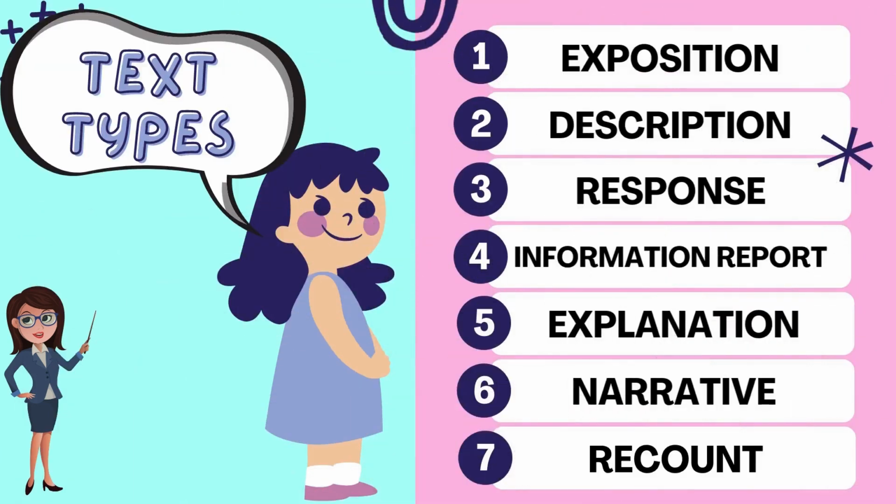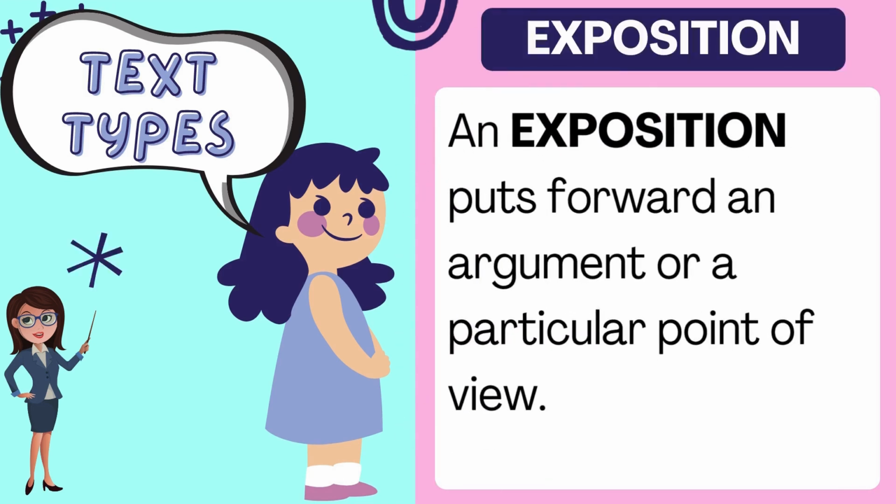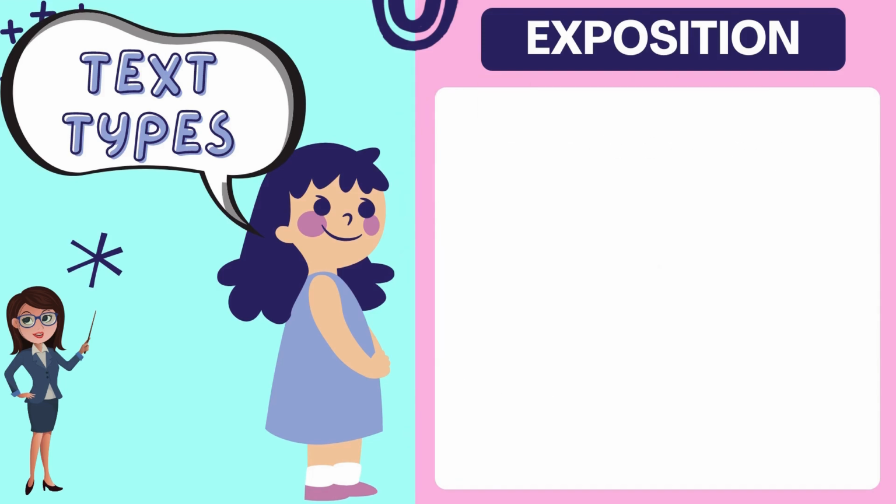There are 7 text types: exposition, description, response, information report, explanation, narrative, recount. Exposition. An exposition puts forward an argument or a particular point of view.